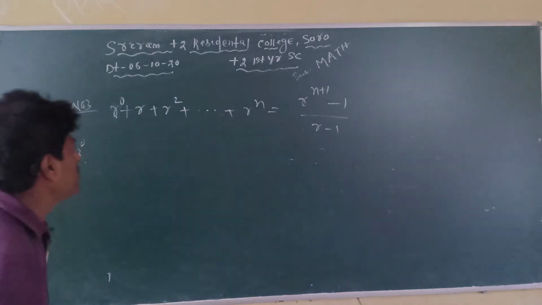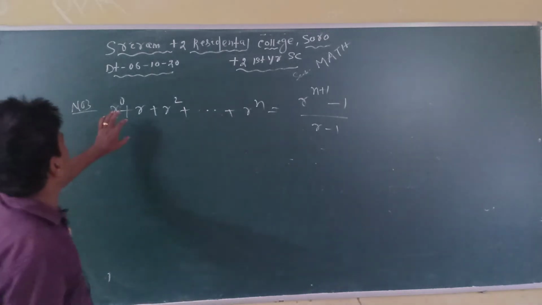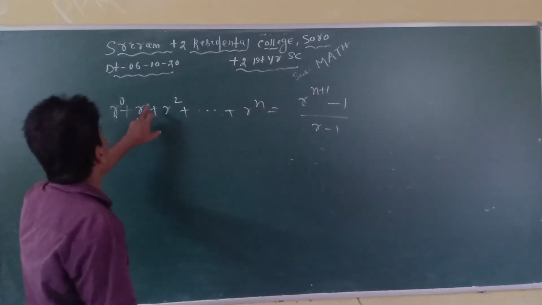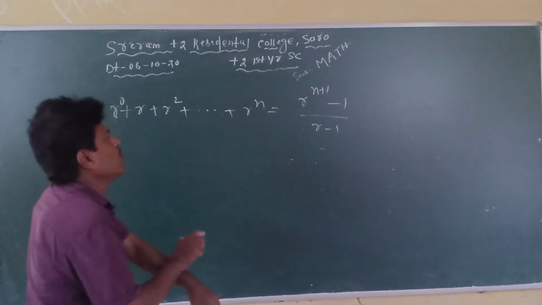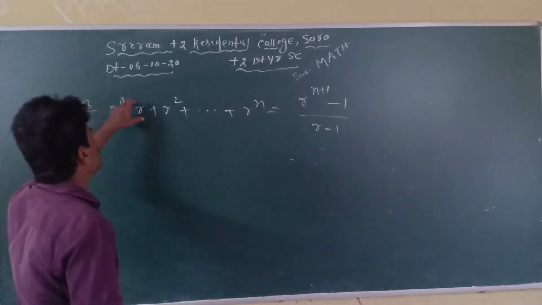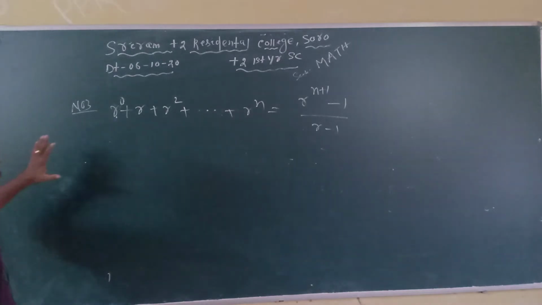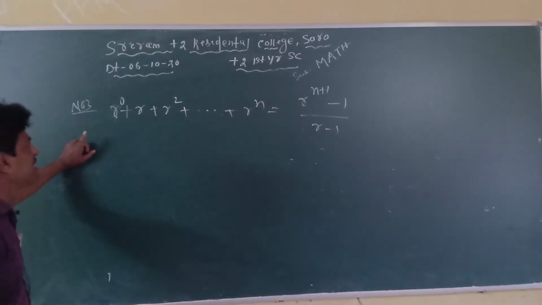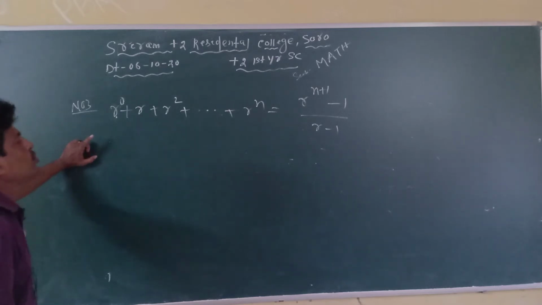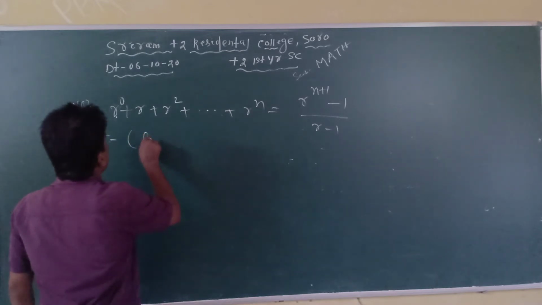You look at these terms: how many terms are in this series? Starting from 0, that is r to the 0, r to the 1, r to the 2, up to r to the n, that is n plus 1 terms. Not from 1, it is starting from 0. So when you prove it, put n equal to 0, not n equal to 1. In this problem only, put n equal to 0. You write: proof by induction method.